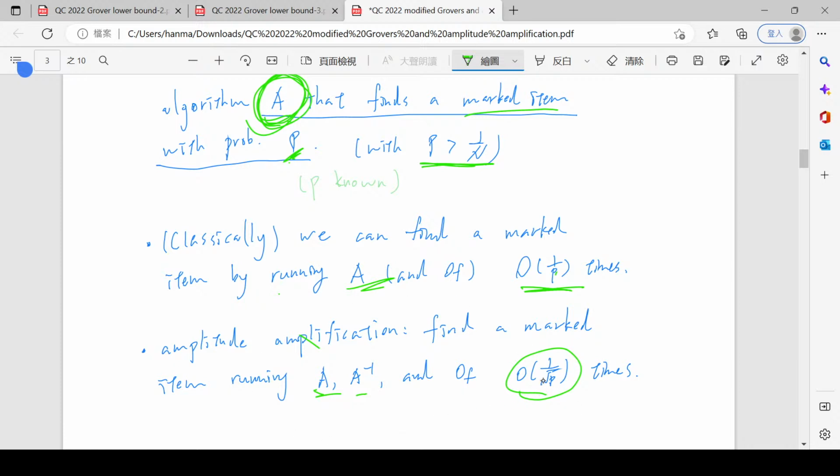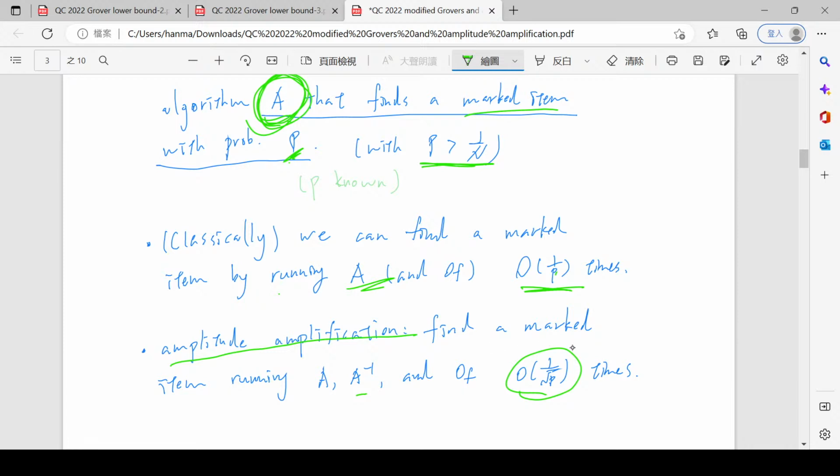You can Grover over this, checking these results from A. Okay? So that's quite interesting. And the algorithm is called amplitude amplification. You will see, because it's kind of like we amplify the amplitude of the output of this algorithm A to have high overlap with the marked item.